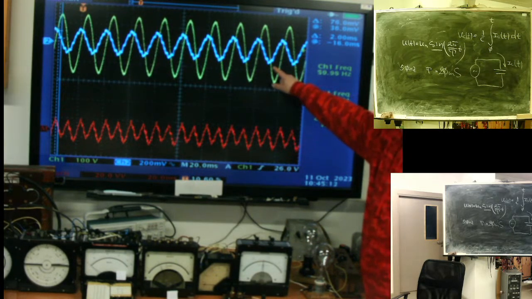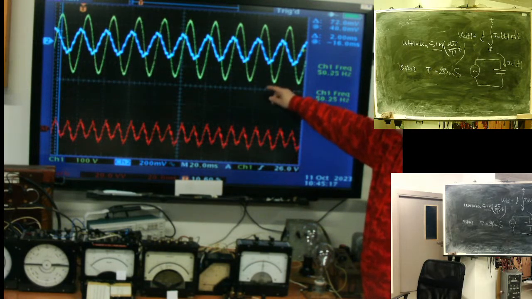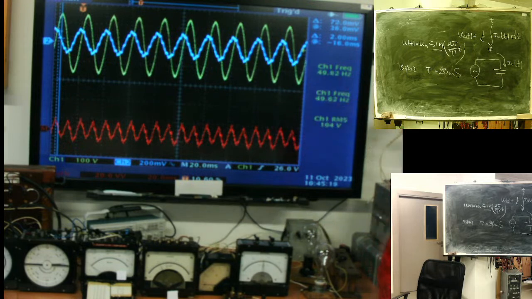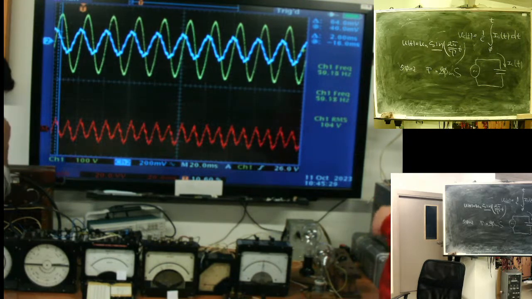The blue line comes first because voltage is delayed relative to it. It's in stable regime, in transient it's different. But here in stable regime, the current appears first.